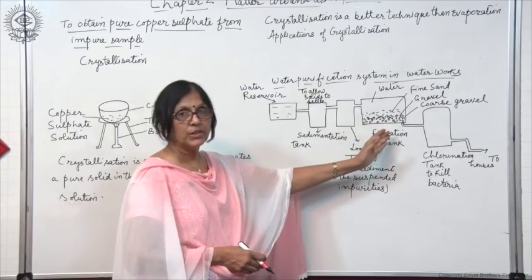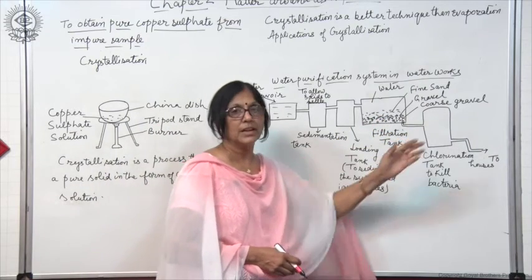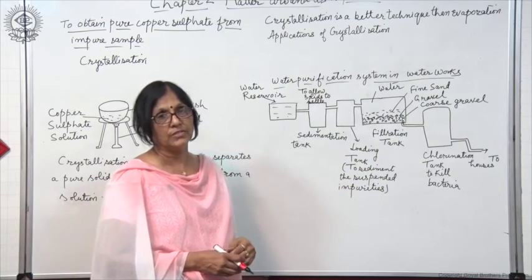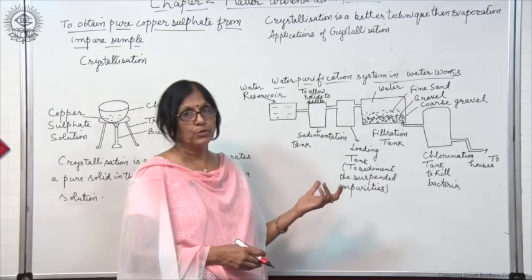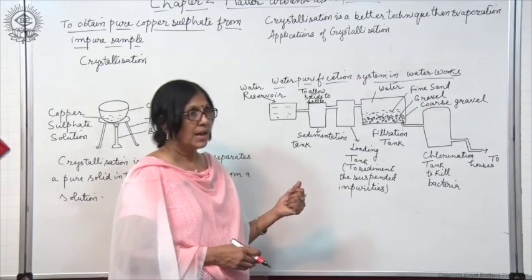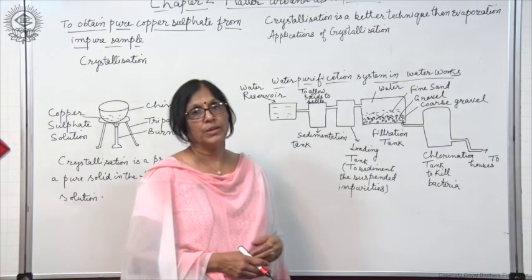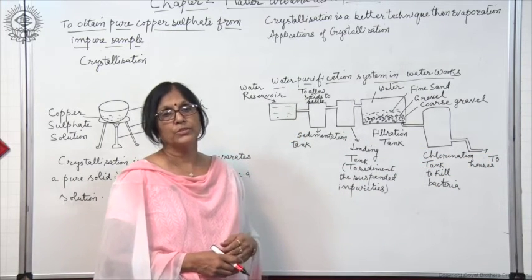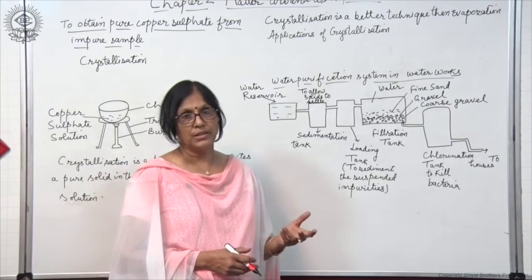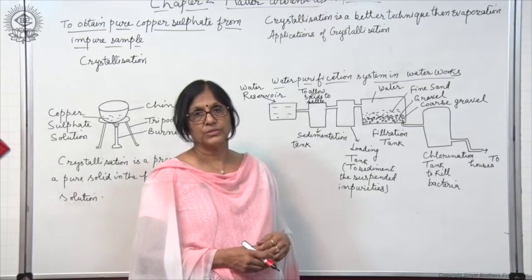When the water is filtered here, it is passed to another tank, that is called chlorination tank, where chlorine is mixed to kill the bacteria, and then this water is sent to the houses where it can be used. So, this is how water is purified before sending it to the various houses.